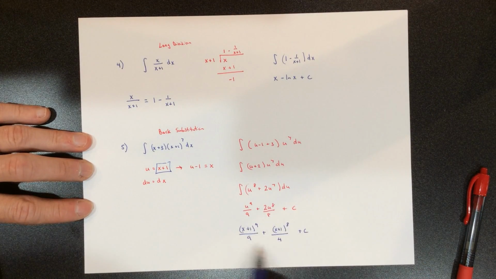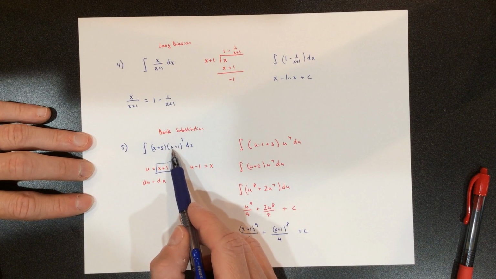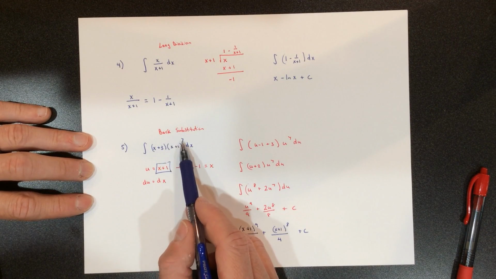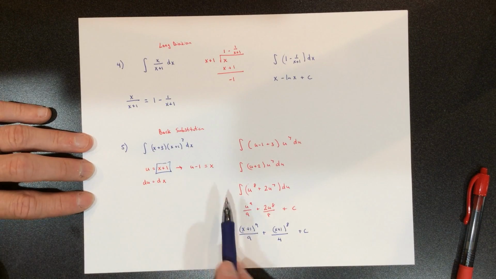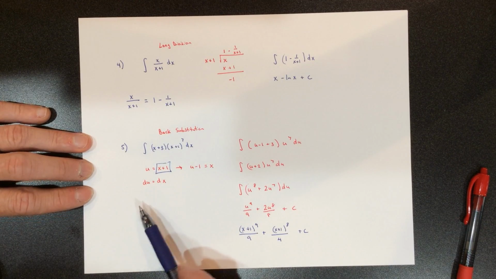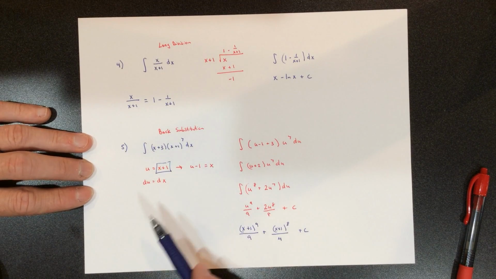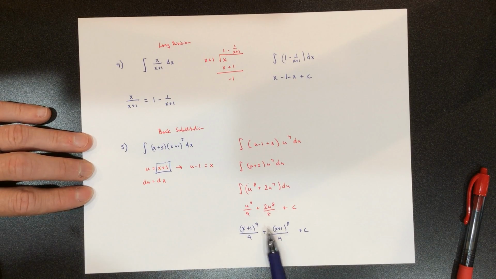And that is way easier than if you actually multiplied this whole thing out, x plus 1 to the 7th, multiplied it by x plus 3, turned it into some massive polynomial, and then tried to integrate the polynomial. You'd get the right answer, but it wouldn't be as simple as looking something like that.